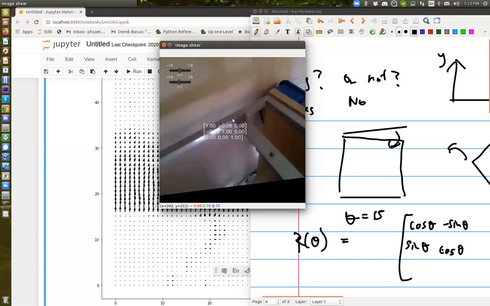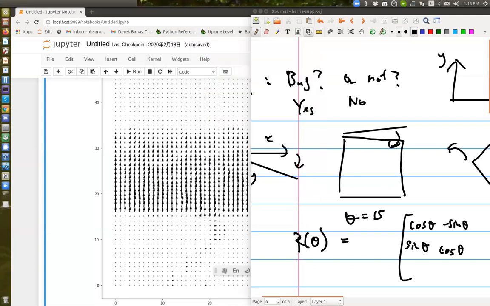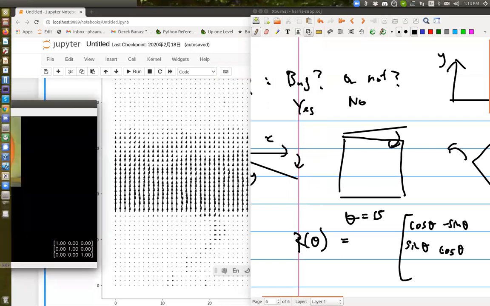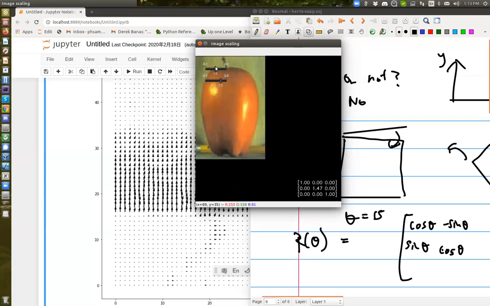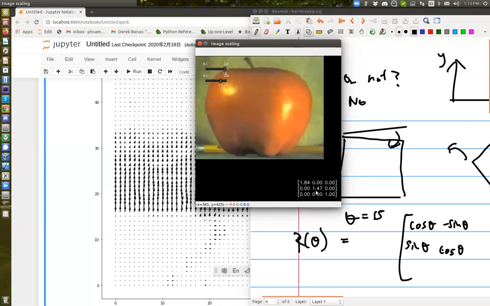Okay, and I may do scaling as well. So you see, for scaling I just have this diagonal.